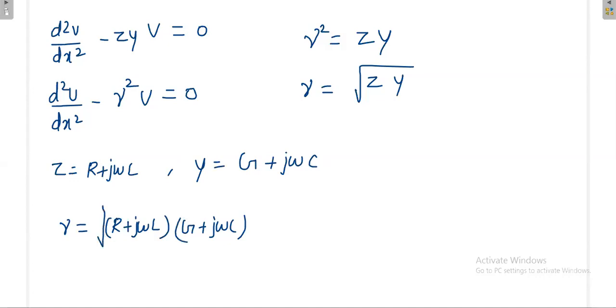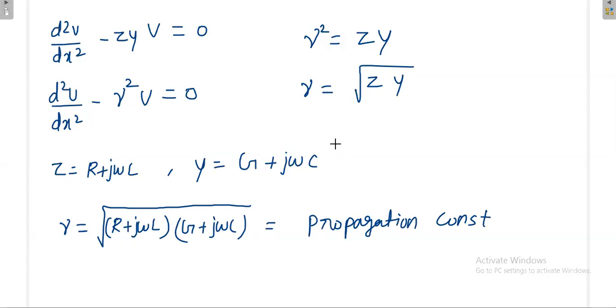Gamma is always the propagation constant. This is the propagation constant for a transmission line. This is something you should always remember, without worrying about the previous derivations.